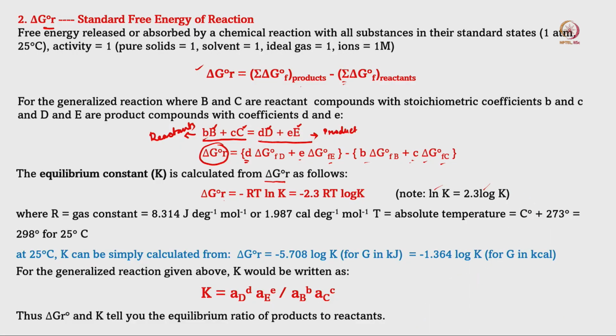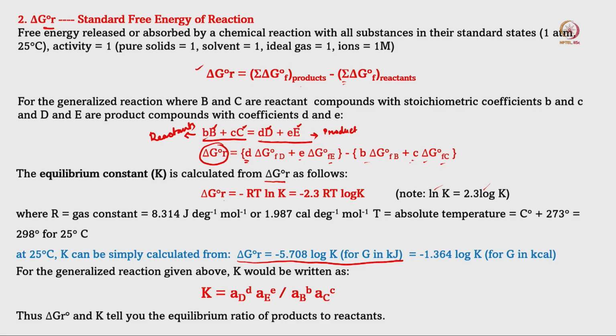The values are provided and T is on the absolute temperature scale. Now, at 25 degrees Celsius, if you put in the T term and the R term, and measure in kilojoules, you just remember this value: delta G0 R is equal to minus 5.708 log K, for G that is given in kilojoules.